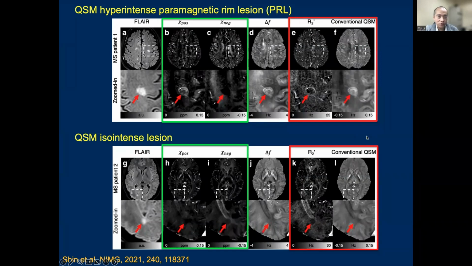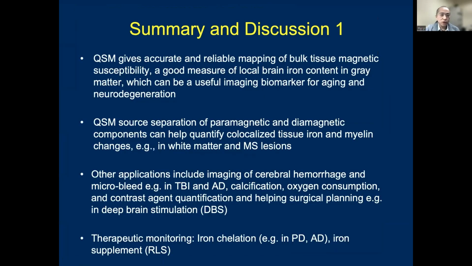So this is very nice to see using the susceptibility measurement directly. As a summary, I have shown that QSM can give a pretty accurate and reliable mapping of the bulk tissue susceptibility, which can be a good measure of the brain iron content in gray matter.